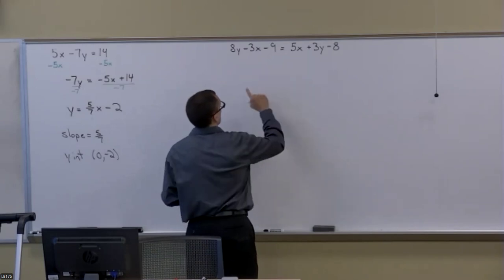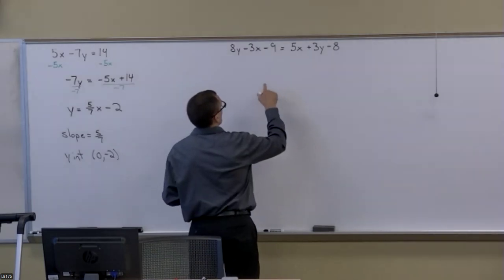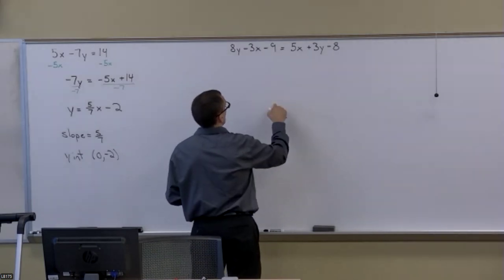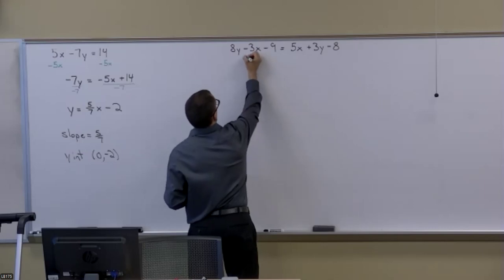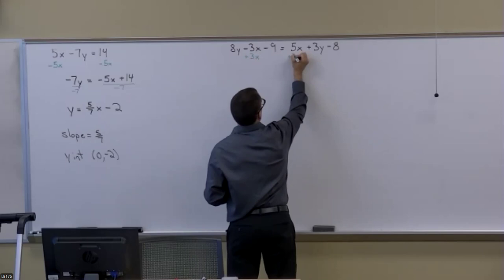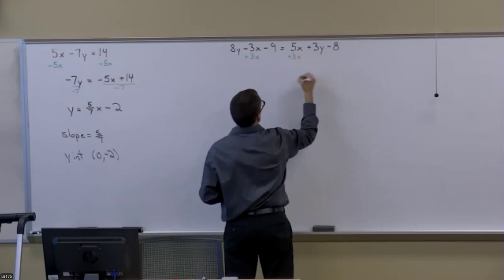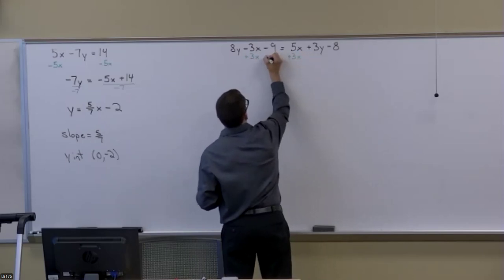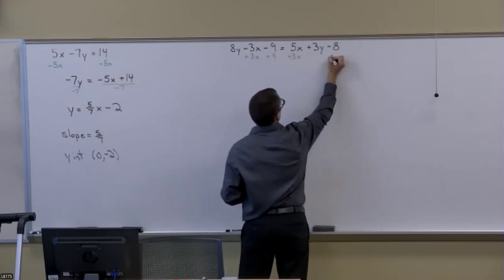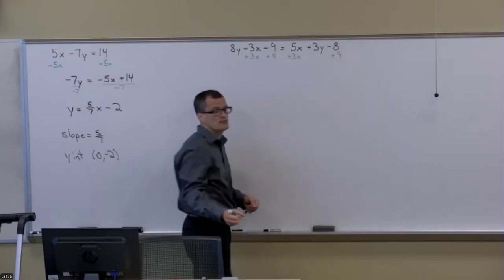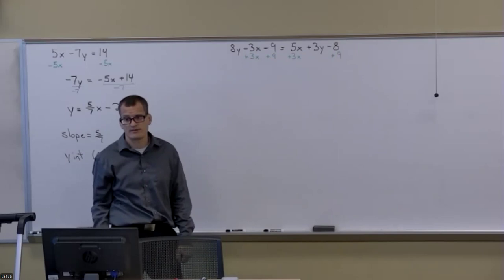Over here, I'm going to do the same thing. I just have more terms to deal with. I'm going to add 3x to both sides so that the x terms go on the right. I'm also going to add 9 to both sides so that my constant terms move to the right.